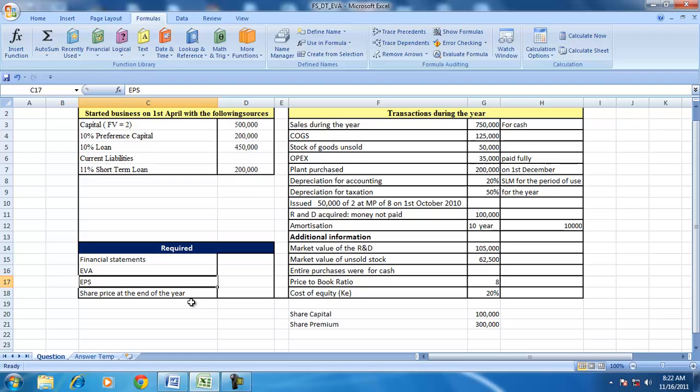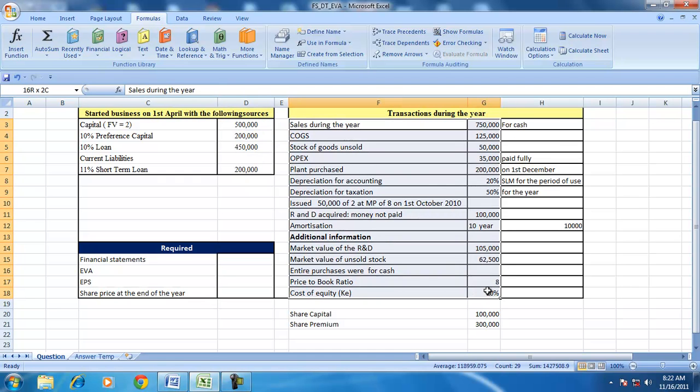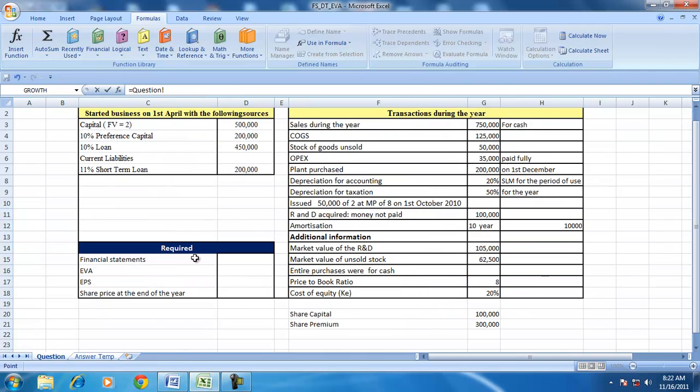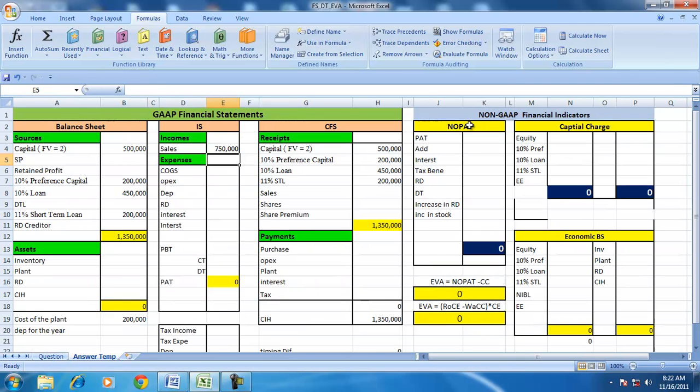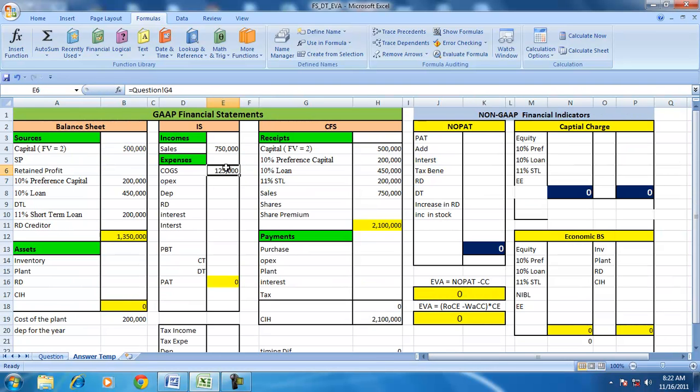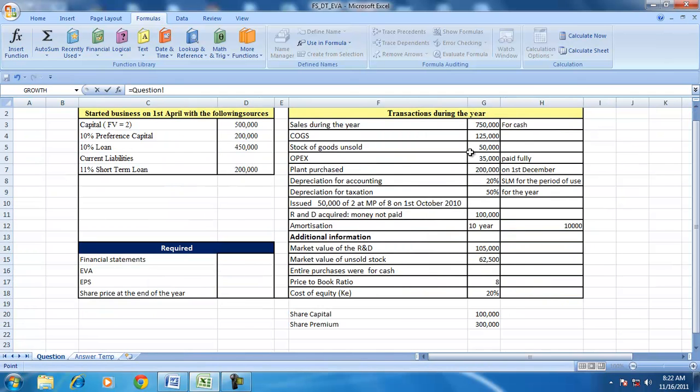With these sources, they started buying and selling goods, and the sales is given as 750,000. The 750,000 is the sales, and the entire sales is for cash. The corresponding cost of goods is given as 125,000. At the end of the year, there is an inventory of 50,000.